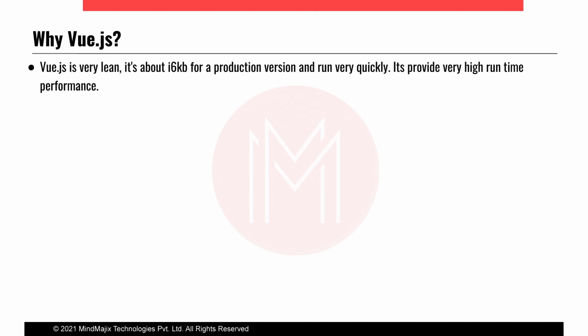When you build an application for production, when you want to deploy, the output files you get from building the Vue.js application will be around 16 KB only, and this will make the application run quickly, and it provides very high runtime and performance.